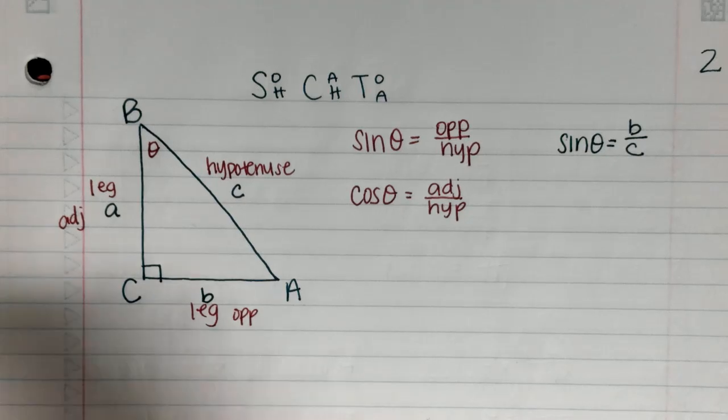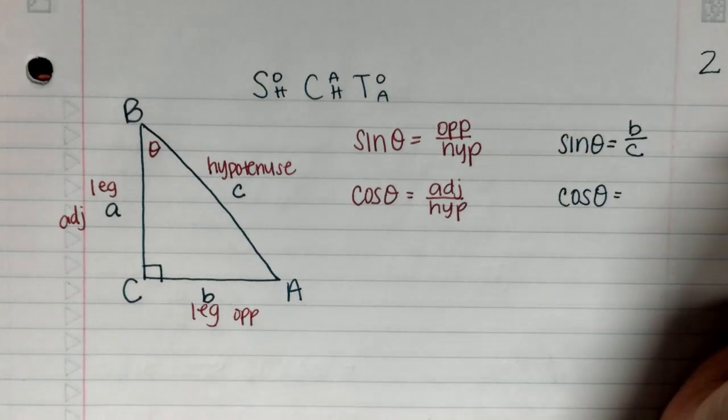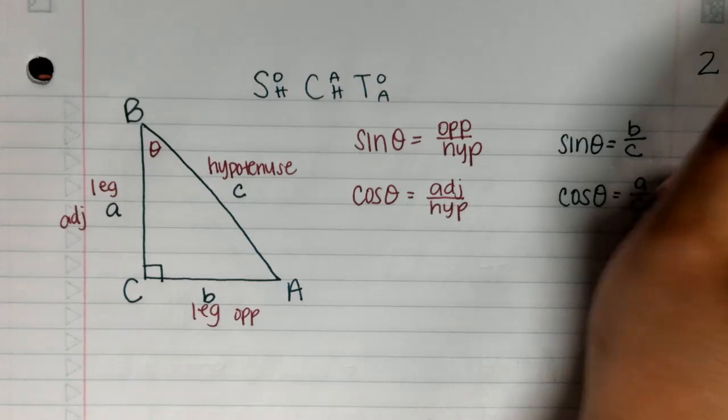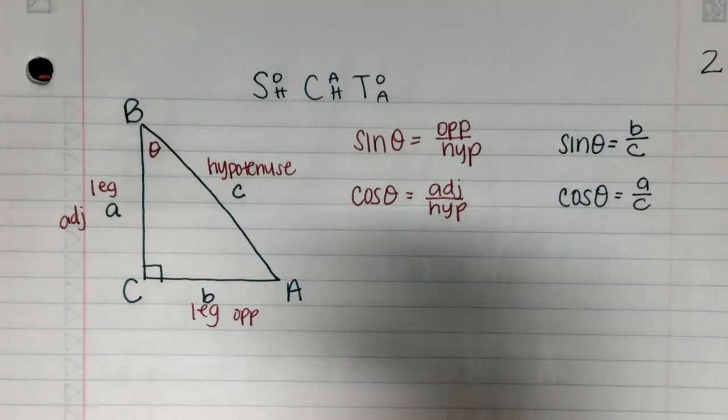So what is my cosine of theta here? What letters? A over C. Good. And I have two fans blowing in my ears, so y'all are going to speak a little louder because I can't hear.